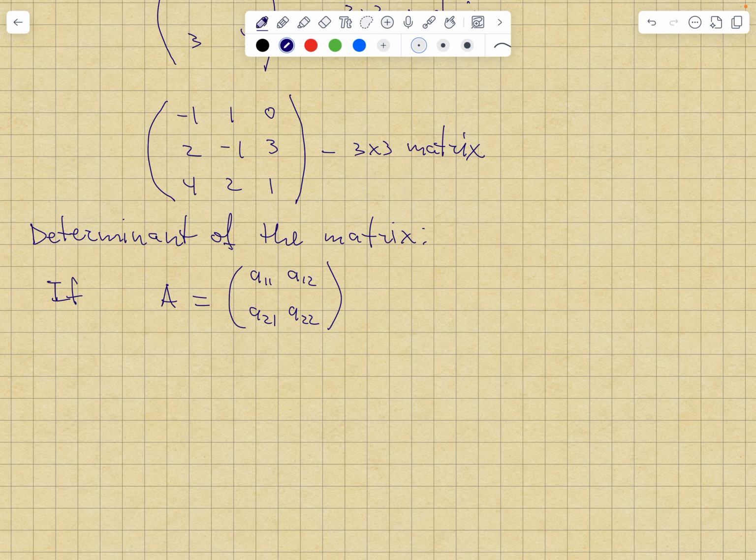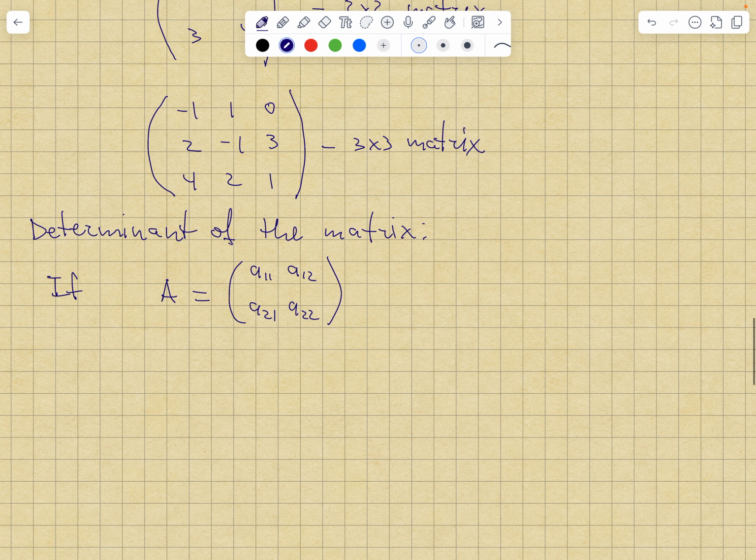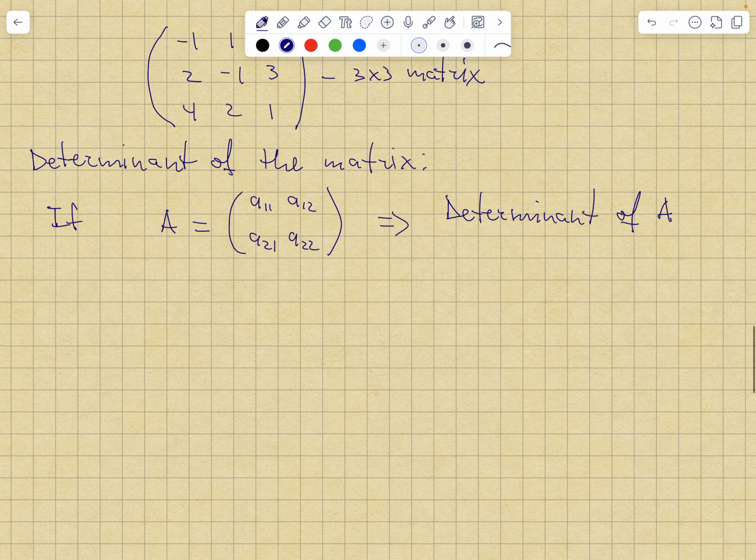So if A is like this, then the determinant of A is going to be a number that I'm going to denote again as a table, but with straight lines instead of the parentheses.